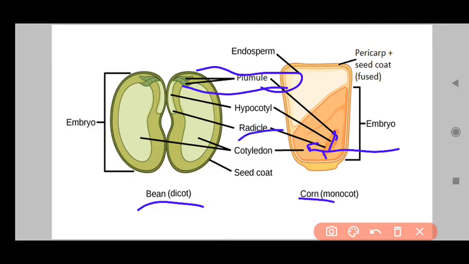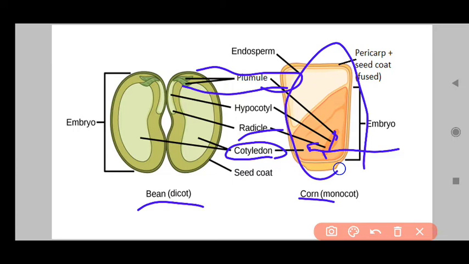The plumule forms the stem and shoot part of your plant, and the radicle forms your root; the embryo includes the radicle and also the cotyledons. The corn seed is technically a caryopsis, that means a one-seeded fruit. Corn has one seed, and the fruit wall is the pericarp.